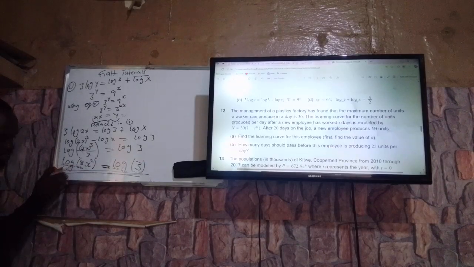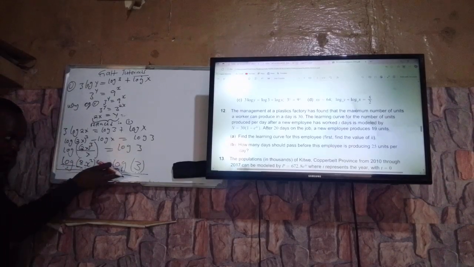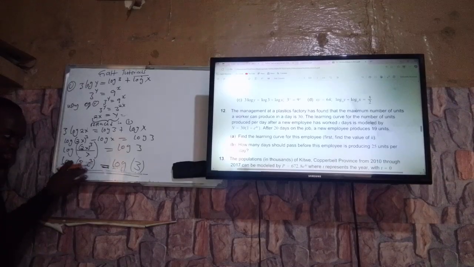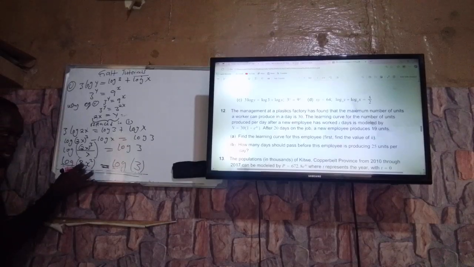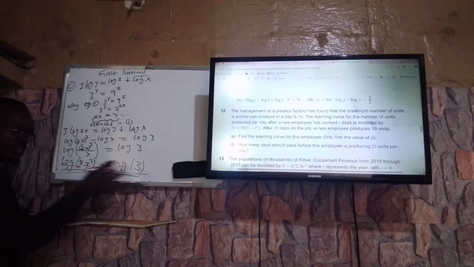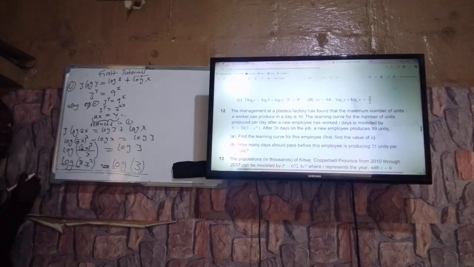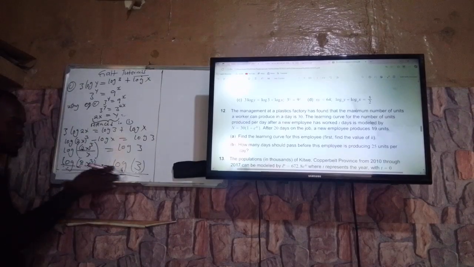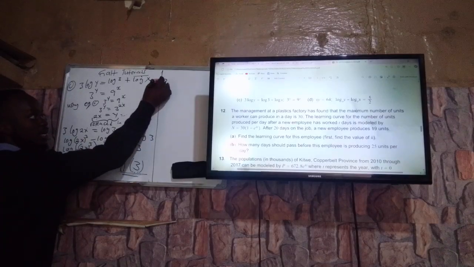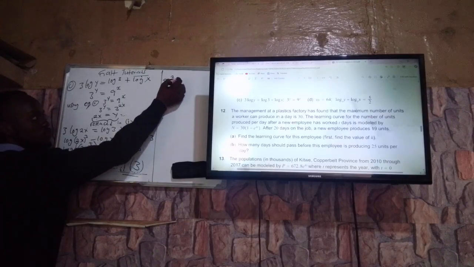So from that property, this is a log, this is a log, and there is an equal to sign here. Whatever is on this side is equal to this. It means that 8x squared should be equal to 3 for this equal to sign to be obeyed. So 8x squared should be equal to what?